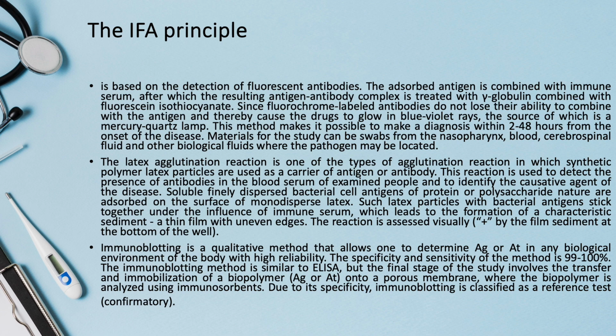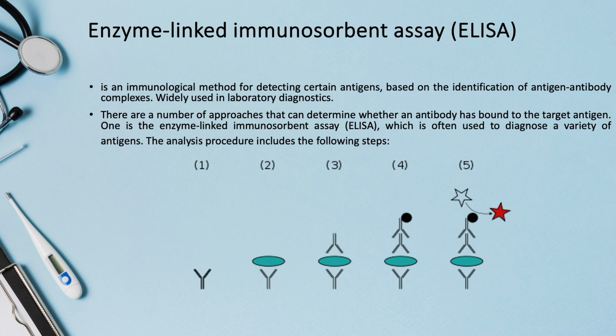The complement is a non-specific component of our immunity, if you remember, that is able to produce lysis of cell wall, lysis of erythrocytes. It can attach to both pathogens and blood cells. So, if the reaction happens between antigen and antibody, the complement will destroy blood cells and we will have hemolysis.